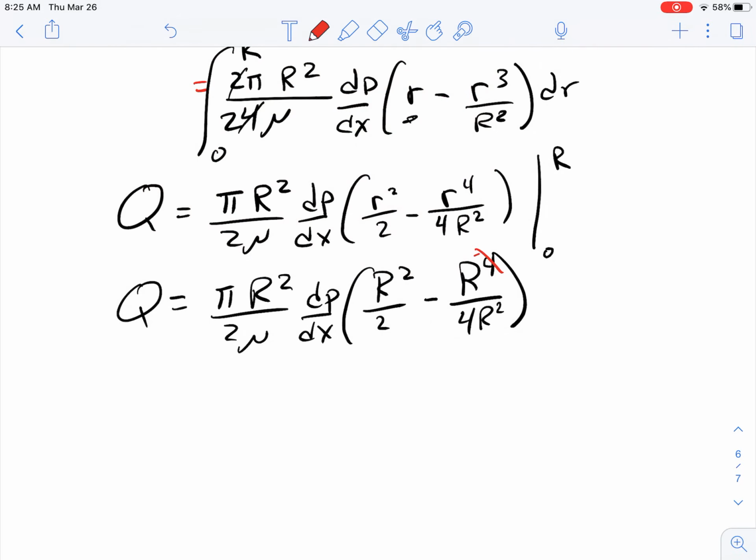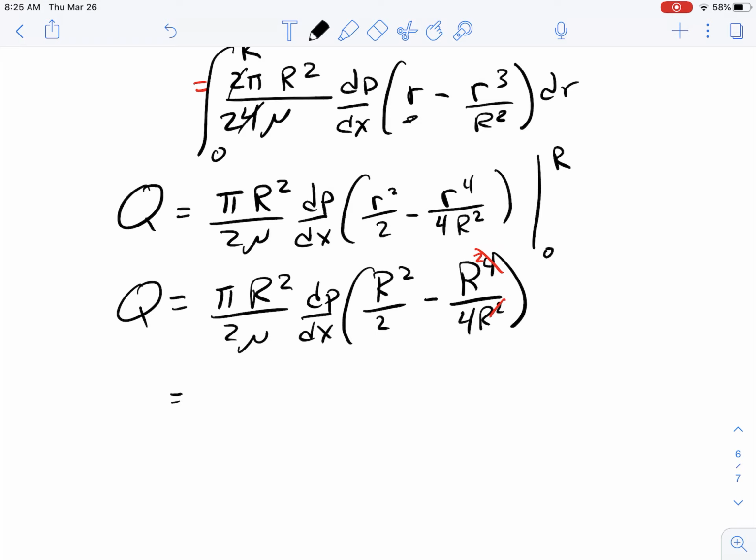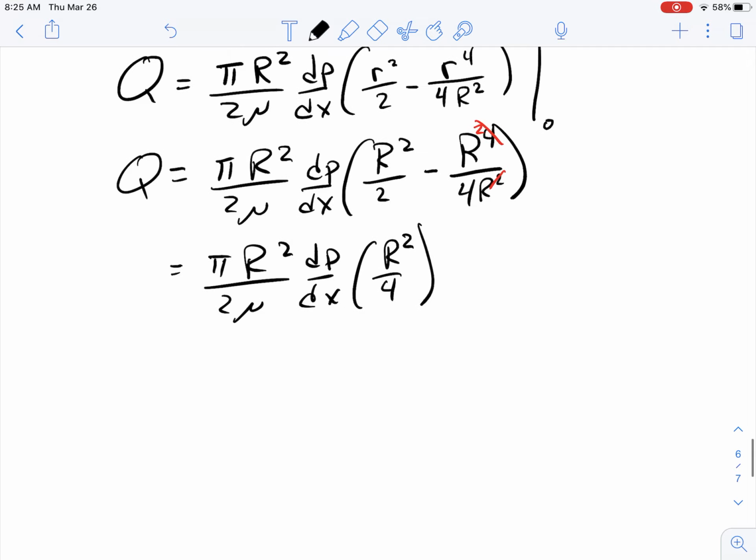And here this cancels out with this, so 4 divided by 2 there. And then we're left with the following: Q equal to pi R squared over 2 mu dp dx. So we have R squared over 2 minus R squared over 4, so that's 2 over 4 minus 1 over 4. So we end up with R squared over 4.